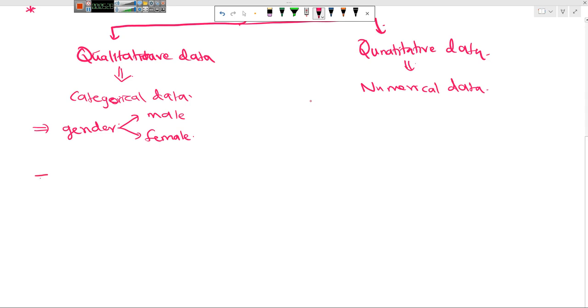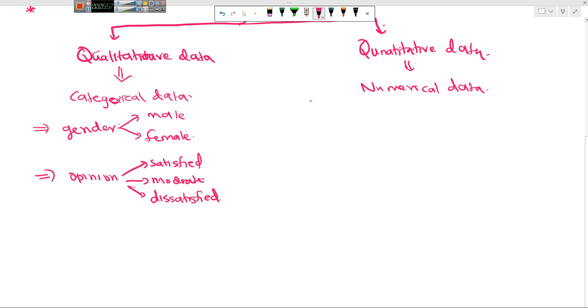Okay, then the next example is opinion, right? So opinion about a service, right? So there can be three options, right? So satisfied, neutral or moderate, or not satisfied, or we can say dissatisfied also, right?